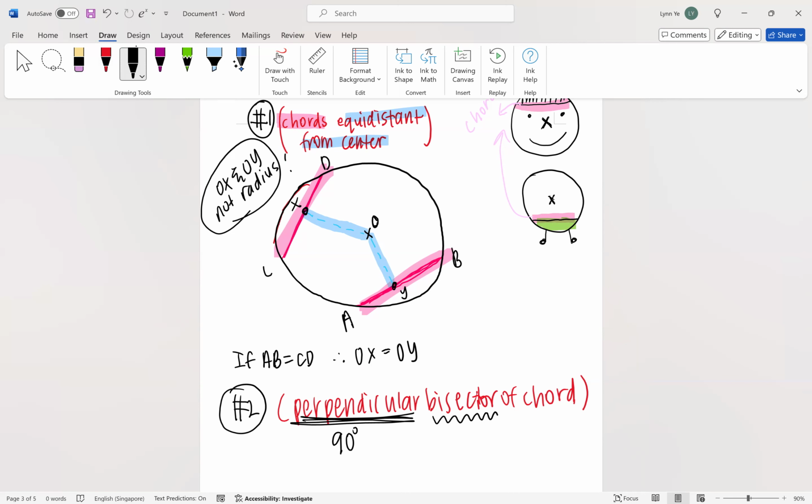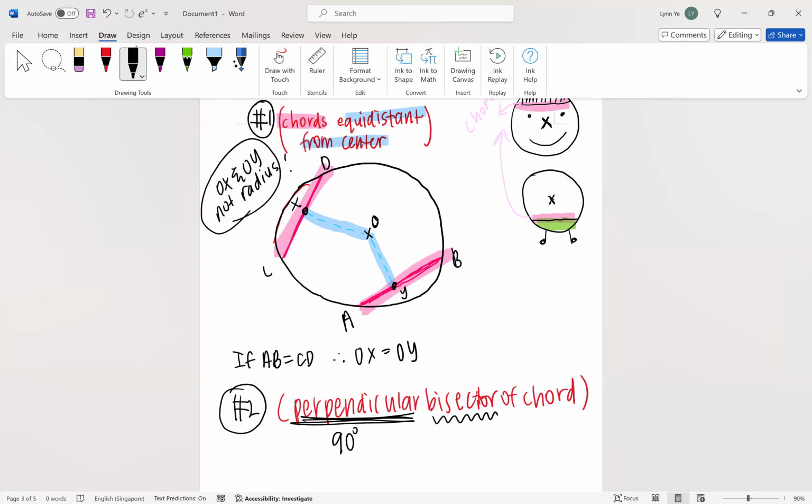Bisector links to what keyword that you learn in coordinate geometry?